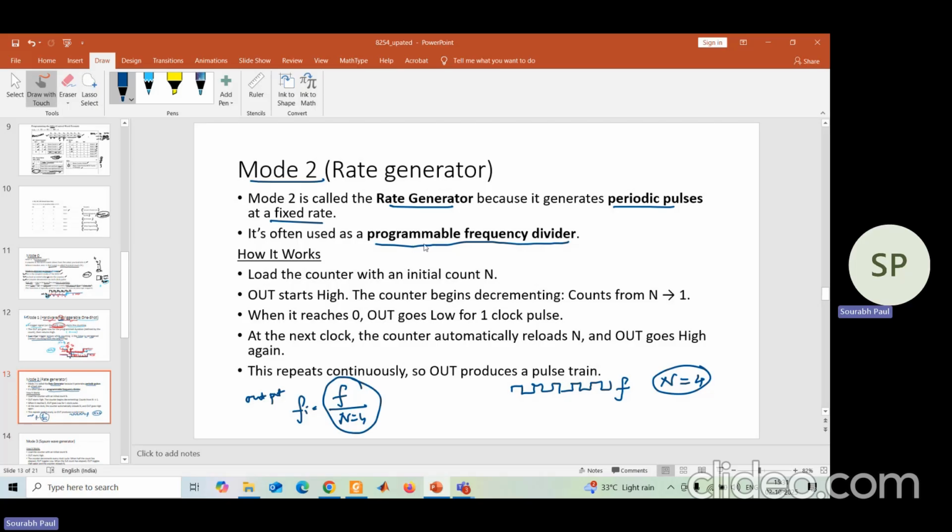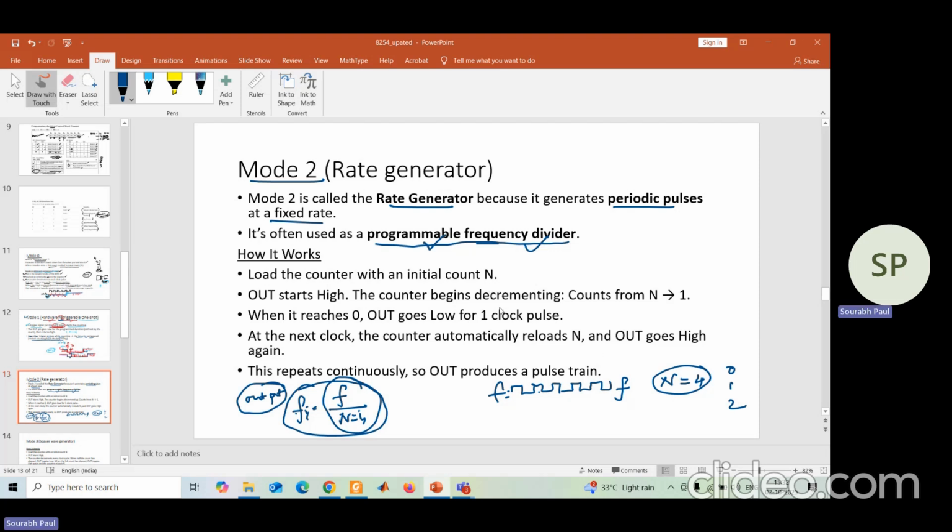That's why this is known as programmable frequency divider. The frequency of the clock signal is divided by the number of counts you are assigning to the counter. This is the updated frequency you get from the output terminal of the counter you have selected. It can be counter 0, counter 1 or counter 2.